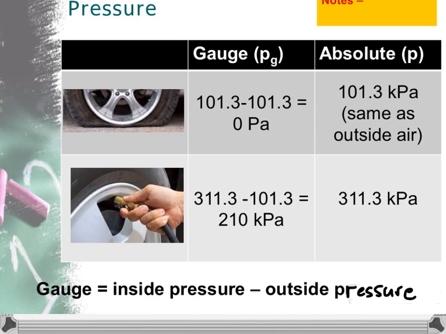If we wanted to get the absolute pressure, then we actually have to add on the pressure due to the atmosphere outside, and we would get a number of 311.3 kilopascals. So gauge pressure is the amount of pressure inside the fluid minus the amount of pressure outside the fluid. In this case, the fluid is the air that you have inside your tire.